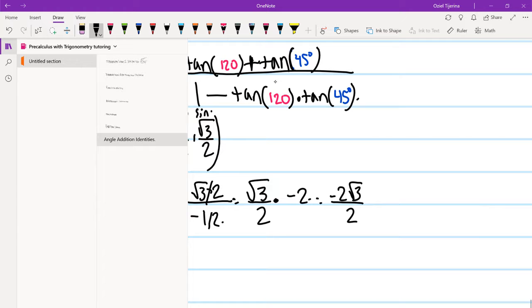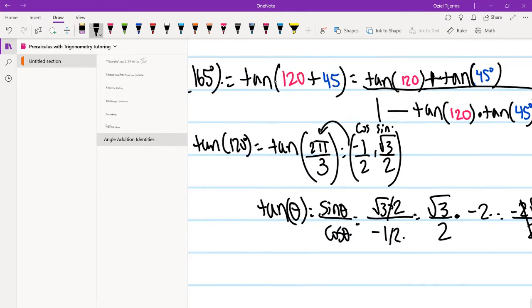So tangent of 120 is negative square root of 3.